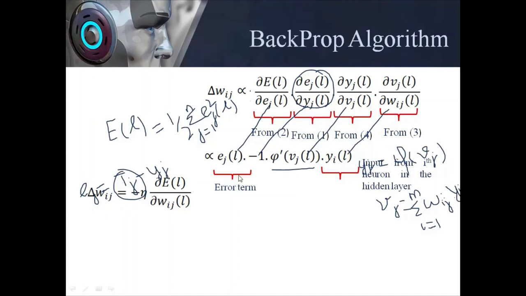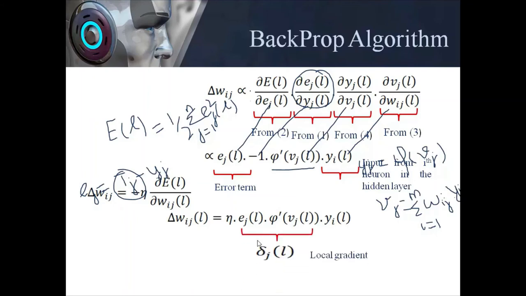So I use this equation and replace the partial derivative by what we have computed here, and what we get is eta into ej, that is the error, into the derivative of the output function into the input. Now this term together, the error term and this activation derivative, constitutes the local gradient of the error surface with respect to the weight.